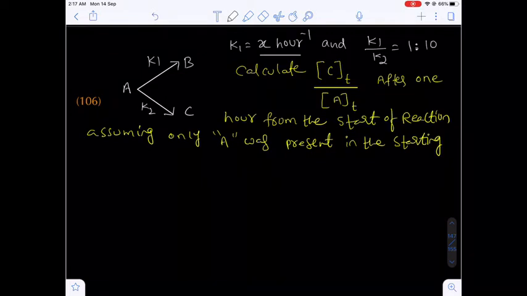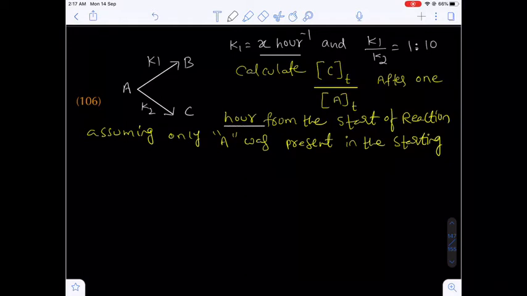Calculate the concentration of C upon A at a time interval t after 1 hour. Time period is given after 1 hour from the starting of the reaction, assuming only A was present in the mixture. Only which is present in the mixture? A is present in the mixture. Are you getting my point?